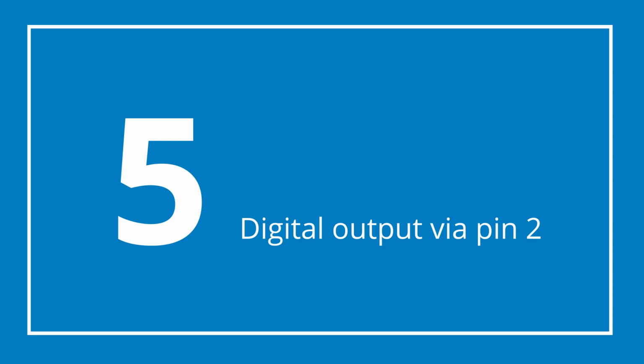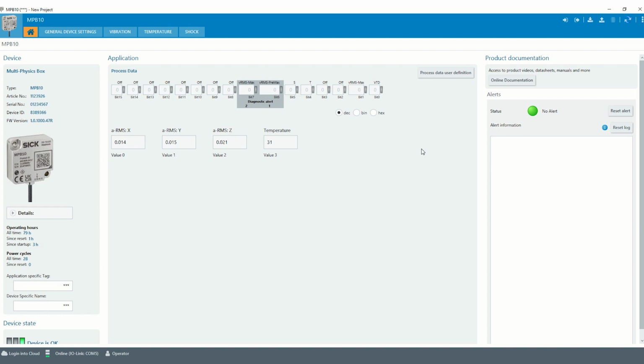Chapter 5. Digital output via pin 2. The Multiphysics Box 10 allows you to output all alarms from the process data also via digital outputs. This can be done with bit 6, which is the diagnostic alert 1, or bit 7, which is the diagnostic alert 2 in the process data.